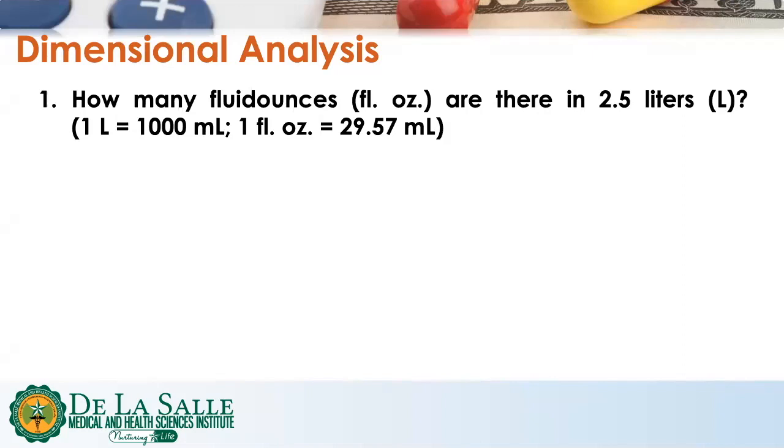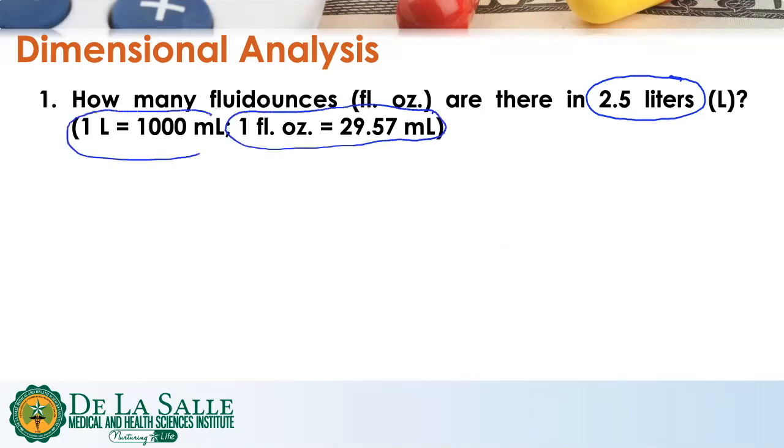In order to solve this problem, first let us identify the given items or the given values. First, we have the 2.5 liters. We are asked to convert that quantity to fluid ounces using the conversion factors that are encircled on this slide.